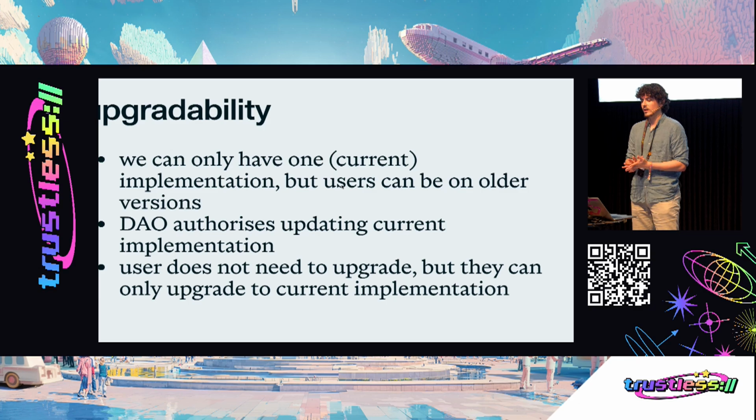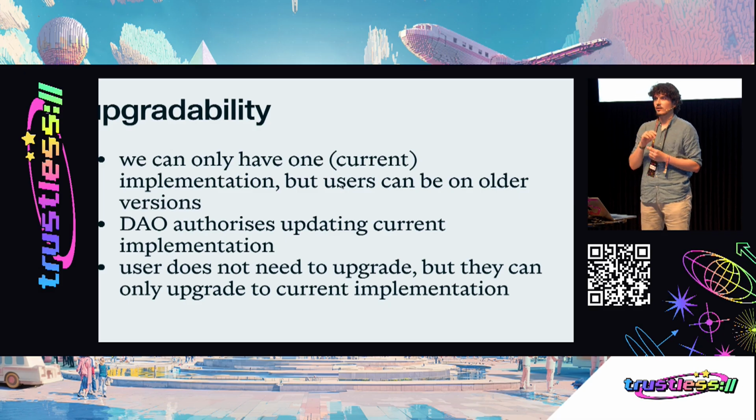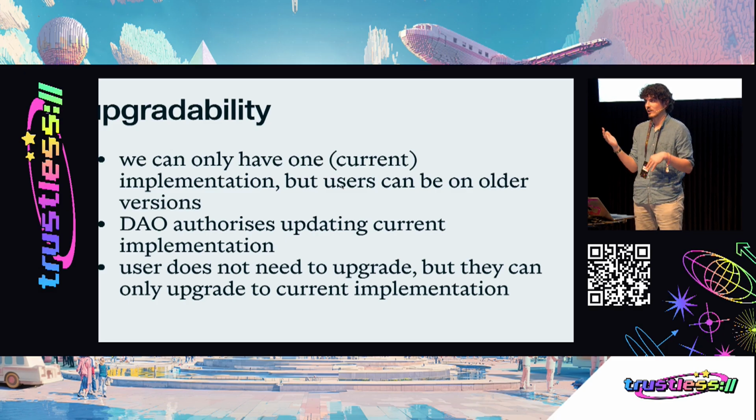As for upgradability, we can only have one current implementation, but users can be on older versions. So we'll have just a standard set of versions from 1 all the way forward, and those versions can all be utilized by a user at the same time, not one user, but many users.